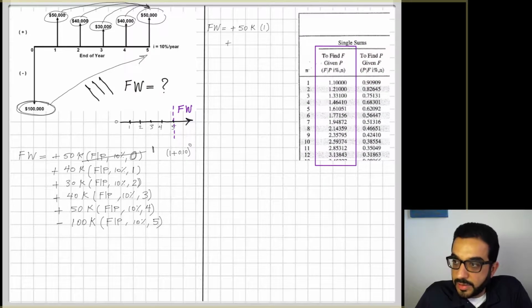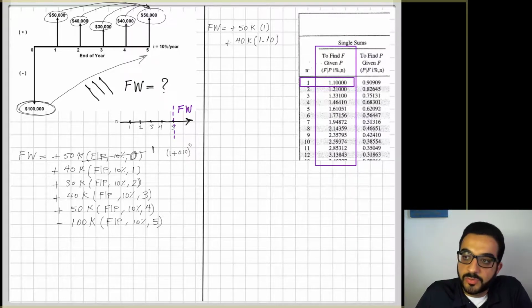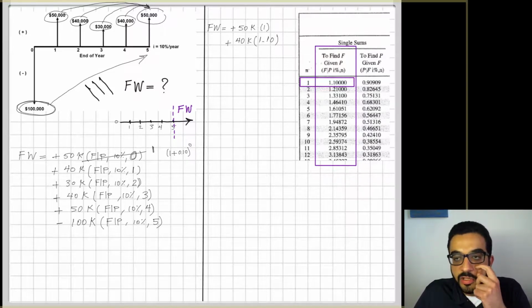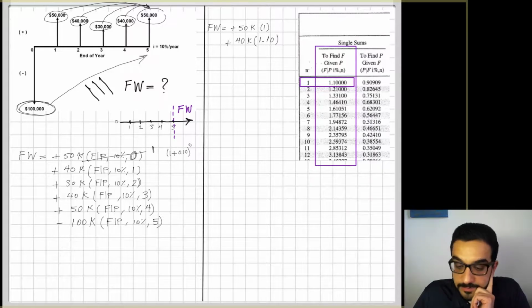So this is the column in the table that represents the factors F given P. And 50K is just a factor of 1. If I look at the next value, 40K, F given P 10% and 1, it's equal to 1.1. That makes sense, because if I'm moving its value one year into the future, I'm accumulating 10% interest, so it's a 1.1 factor.